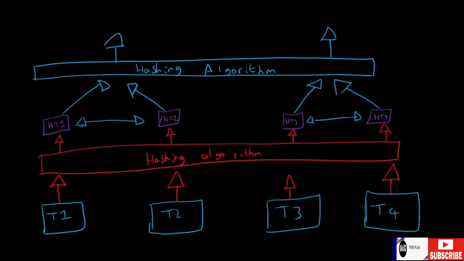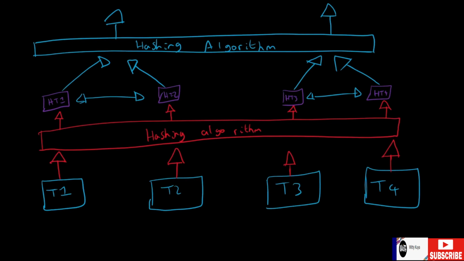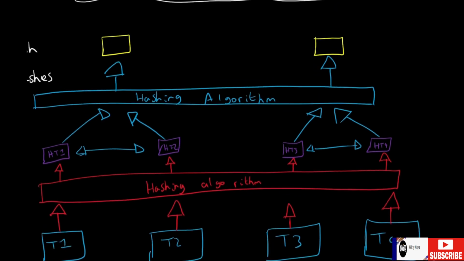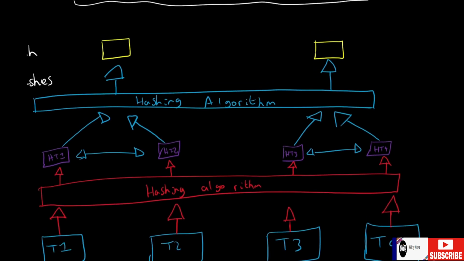So right here we get a hash of the original transaction, and then here we get a hash of hashes. So this is a hash of the hashes, and I'm going to call these HH1, HH2.